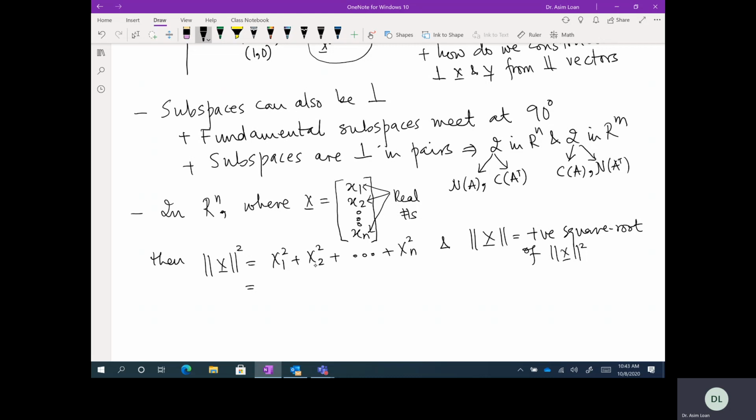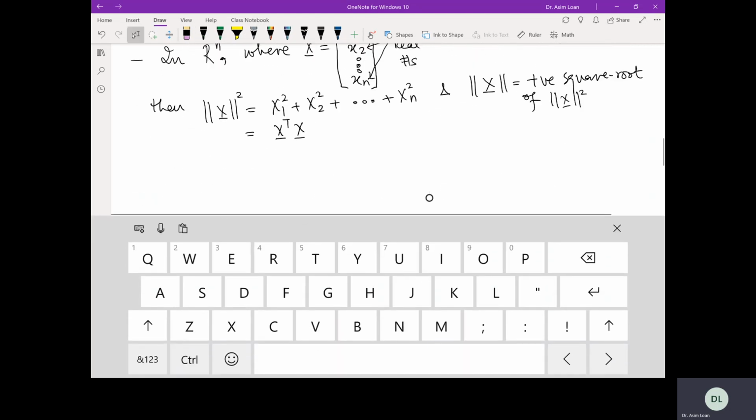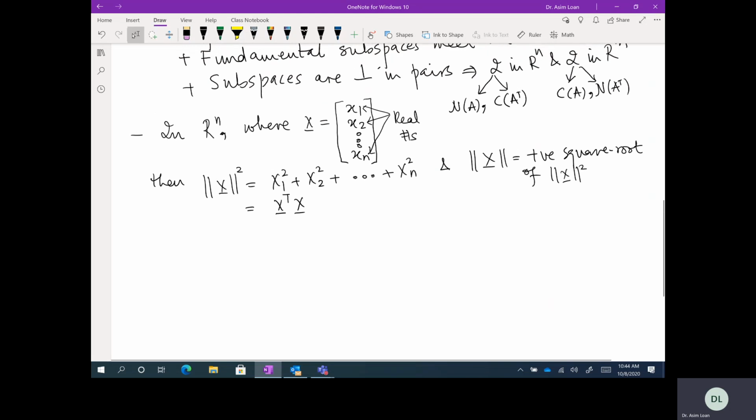This is also equal to, if you still recall the dot product, the positive square root of x transpose x.